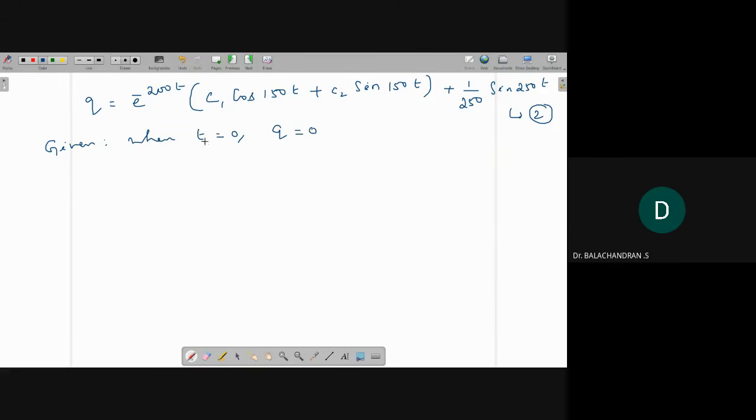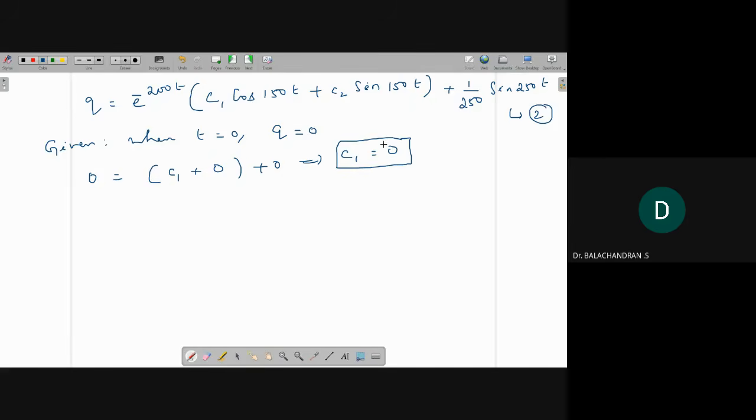Now you should use this condition in equation 2: 0 equal to e power 0 into C1 plus 0 plus C. So this implies C1 equal to 0.